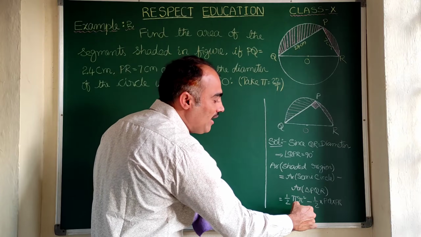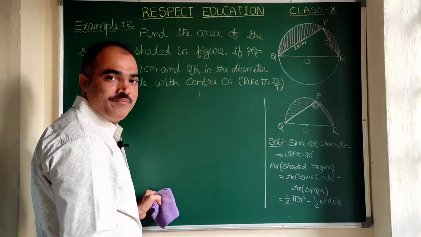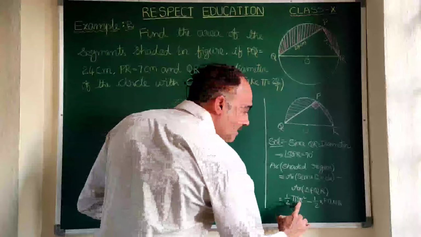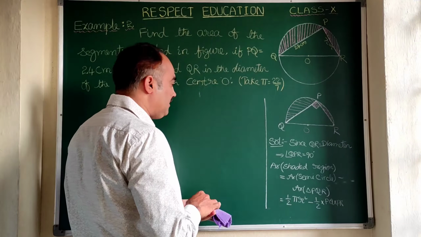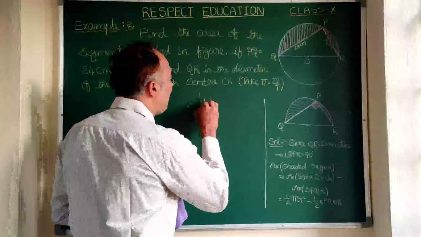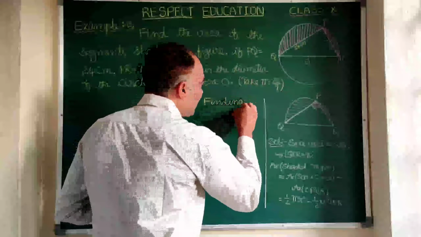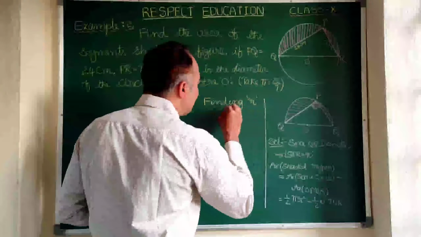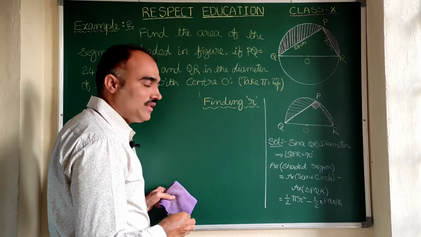We are in need of finding the radius. Radius R is not given in this problem, so our target is to find R, the radius. So here we can write a subheading: finding R, the radius of the circle.